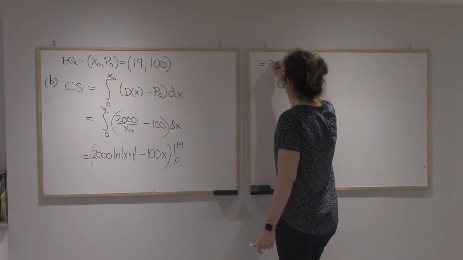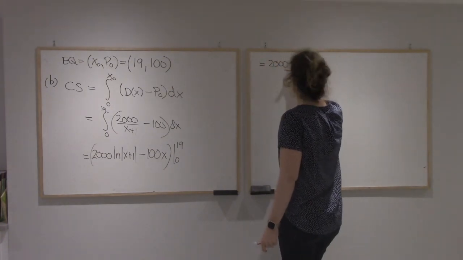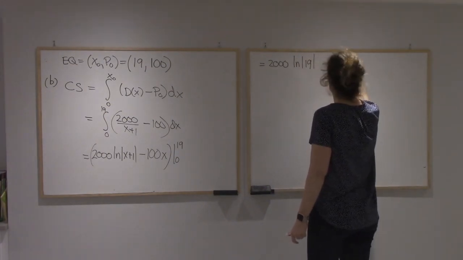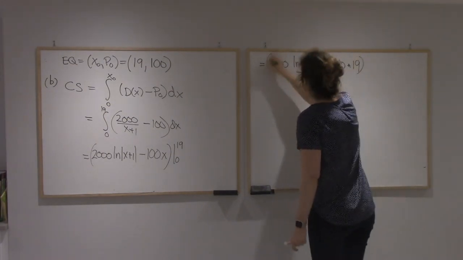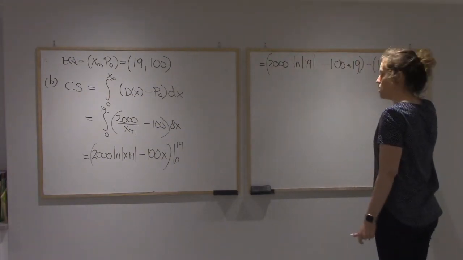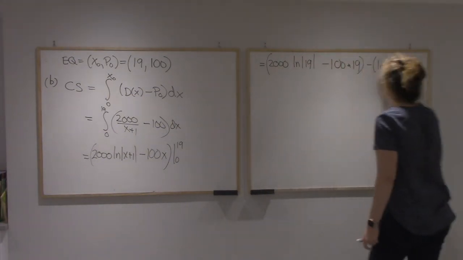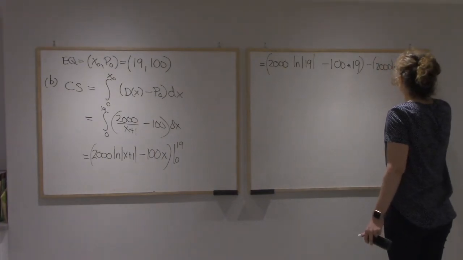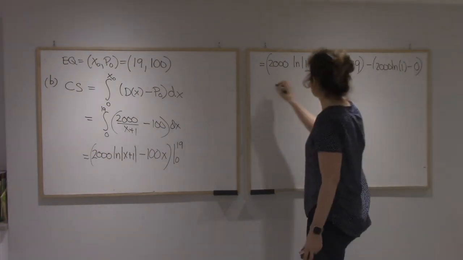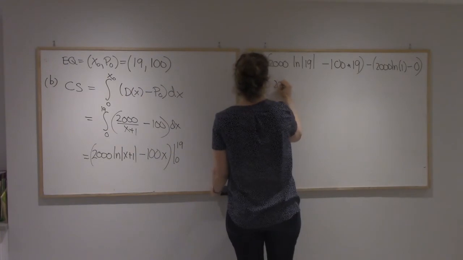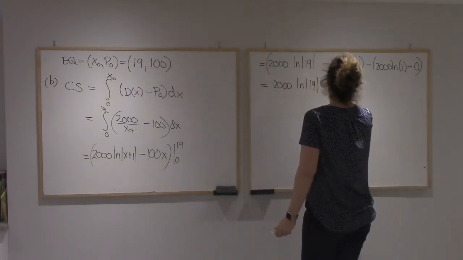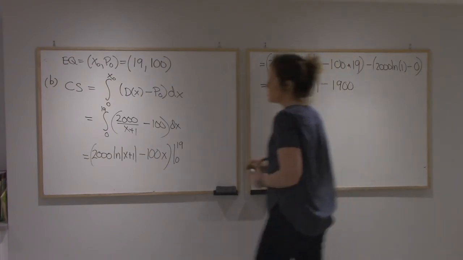And so I'll get 2000 log of absolute value of 19 minus 100 times 19, minus 2000 ln of 1 minus 0. ln of 1 is 0, so what we get is 2000 ln of 19 minus 1900.